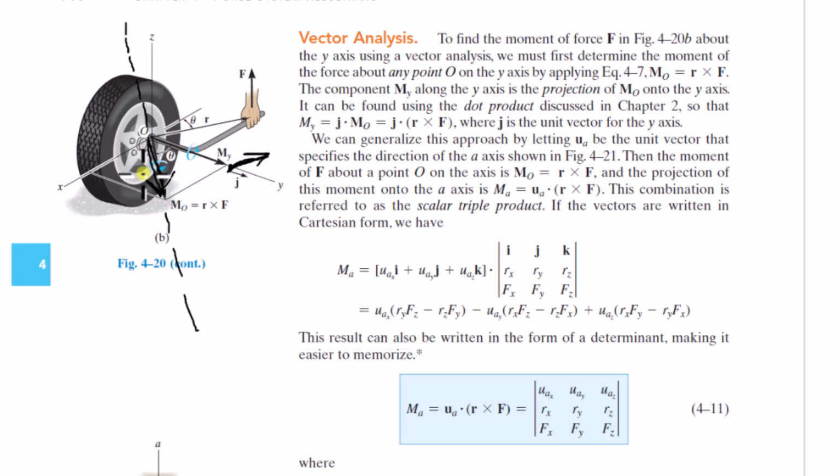Try and pause the video and think about it. If you're talking about the moment about a point, it's different, because you're going to have a different moment depending on which point you use. But here, just talking about the moment along this axis, it doesn't matter where you apply that moment, you're going to get the same rotation of the lug nut.